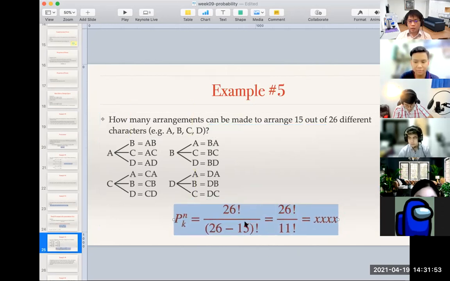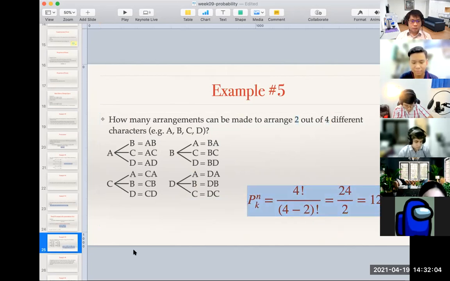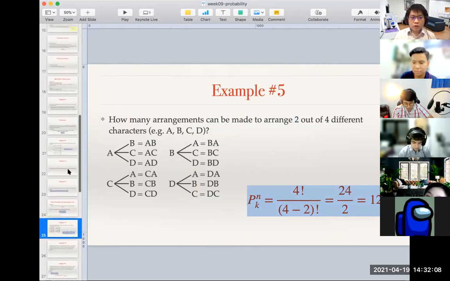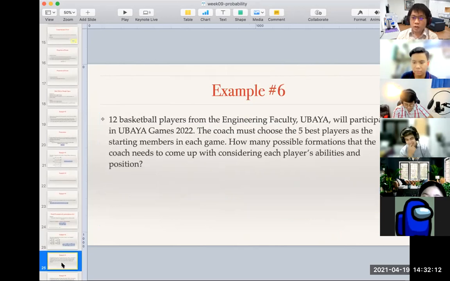It will become like this. And what is x, x, x, x, x? You can count it by yourself later on. Any questions so far? No? Then I'll just continue.